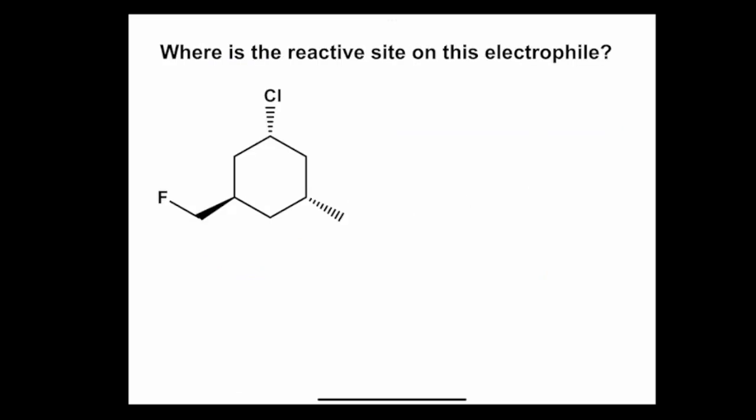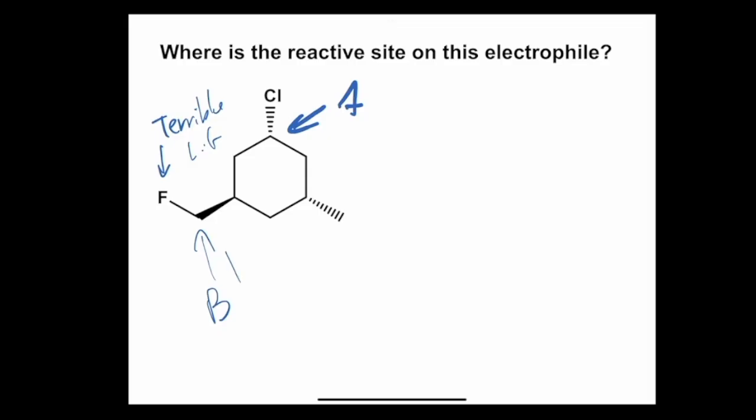So where in this molecule is my reactive site? If this is my electrophile, I've got 2 possible halogens, A and B. Why not B? This is a terrible leaving group.